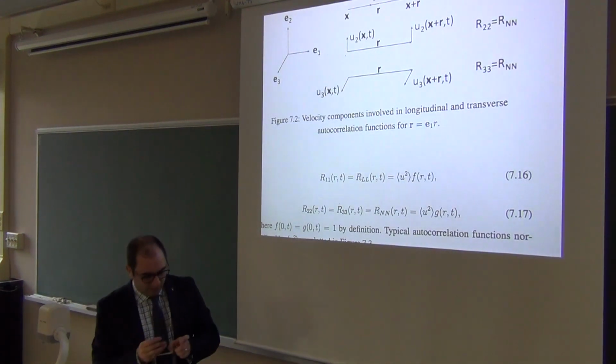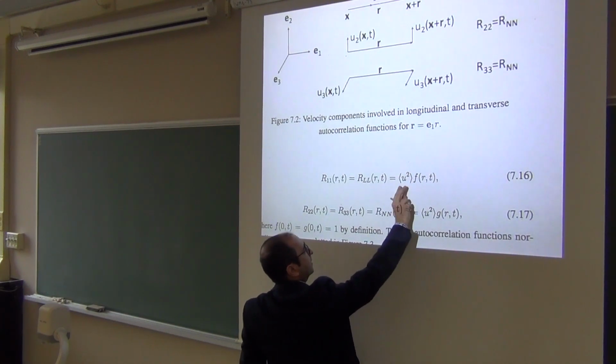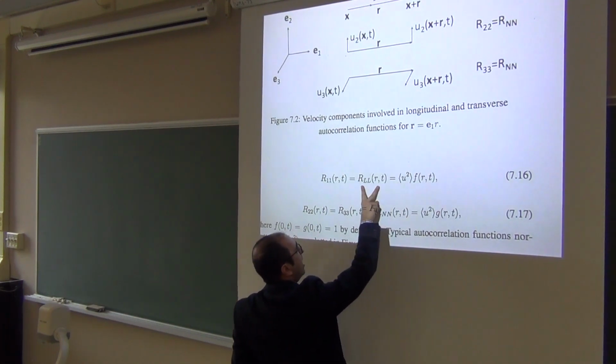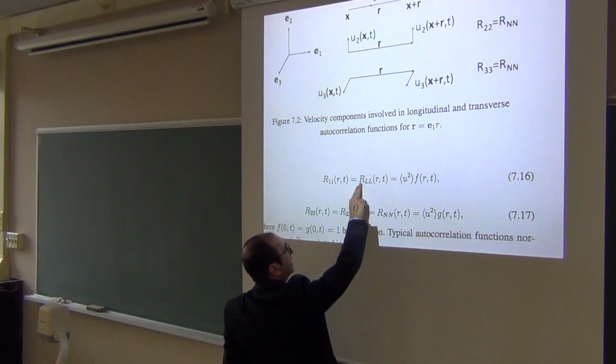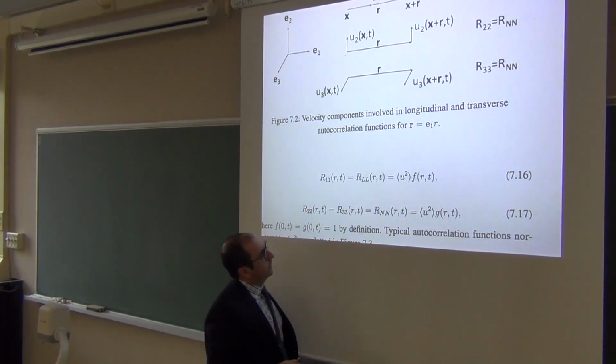Okay? Somehow I'm saying that I can factor out a component of Reynolds stress out of the longitudinal autocorrelation, and then this is some way of normalizing that.